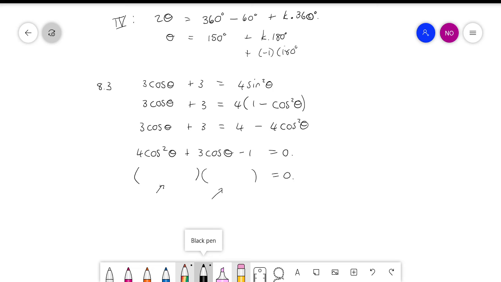What sometimes can happen is, say for instance, this one won't have one like this, but say for instance you'll get cos theta is equal to 4. Now remember, a cos graph has a maximum value of 1. So this one will have no solution. Same for when it's negative 4, because a cos graph has a minimum value of negative 1.